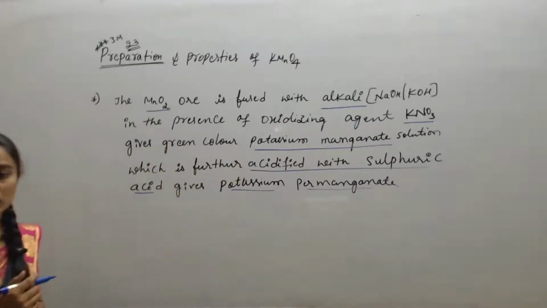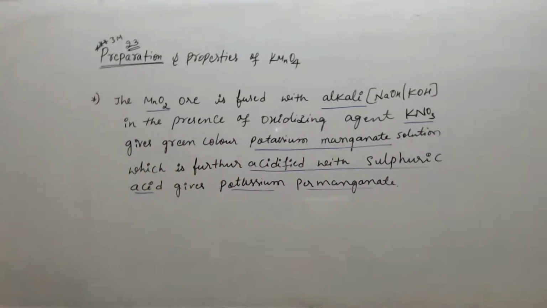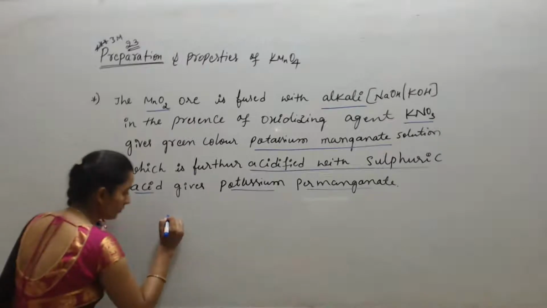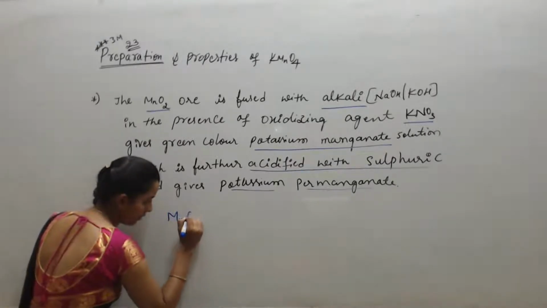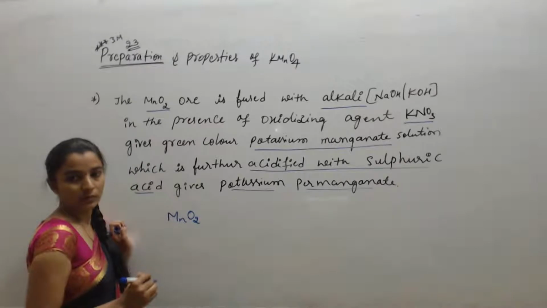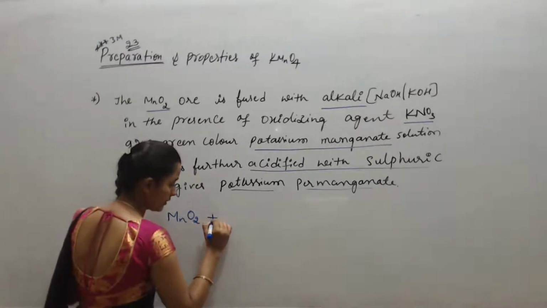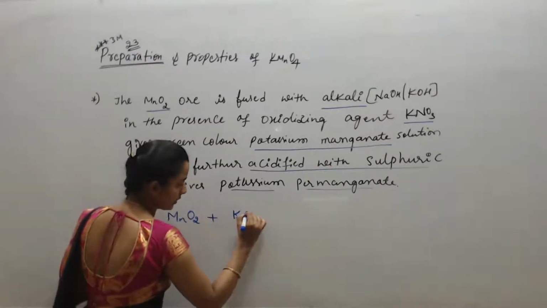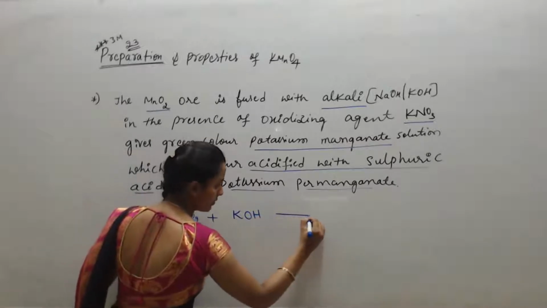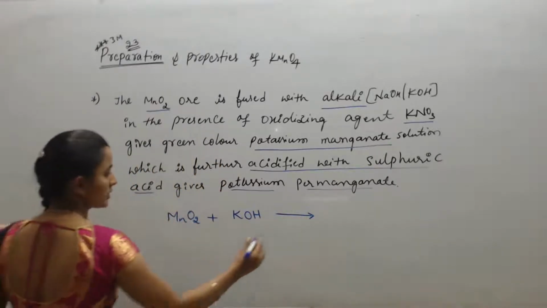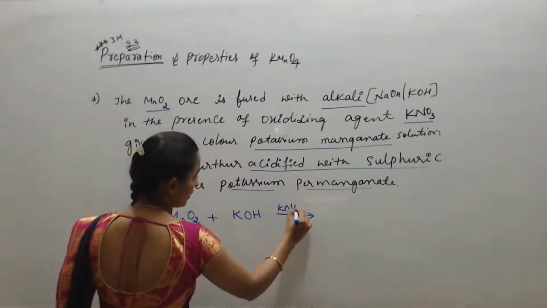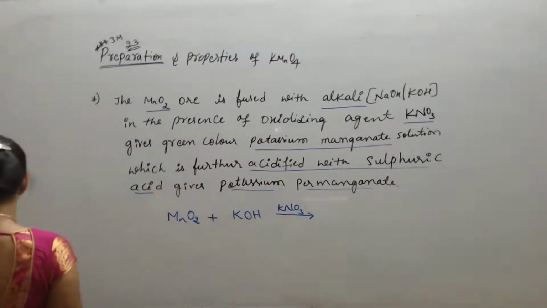A 2-step reaction takes place. First, MnO2 reacts with alkali in the presence of KNO3 as an oxidizing agent.